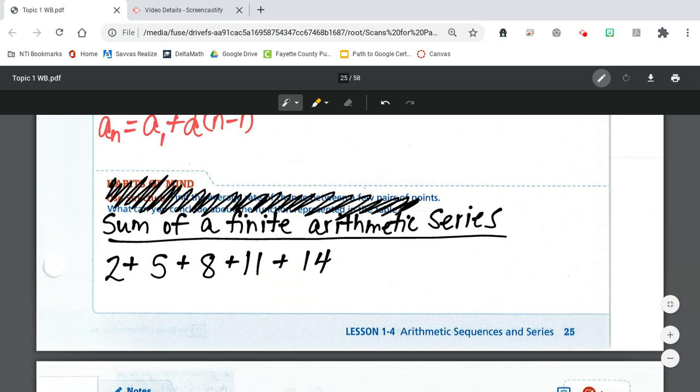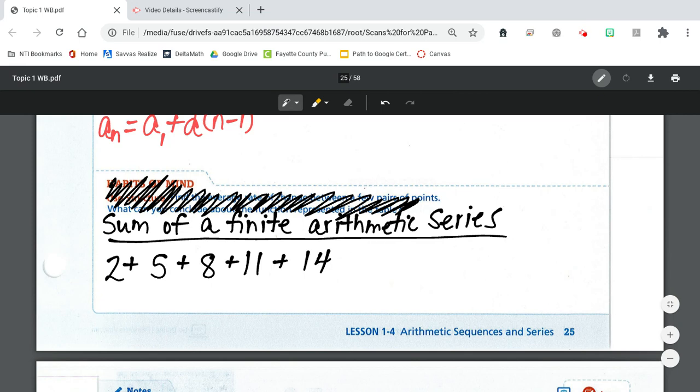Now, I could add all these up. I could grab my calculator and do, okay, what is 2 plus 5 plus 8 plus 11 plus 14? I could do that, which is fine for 5 or 6 terms. But if I were trying to add 11 terms or 111 terms, it would get to be pretty tedious and easy to make a mistake.